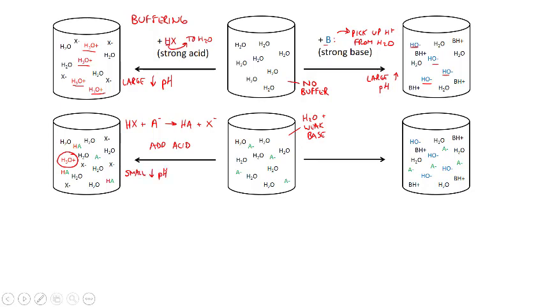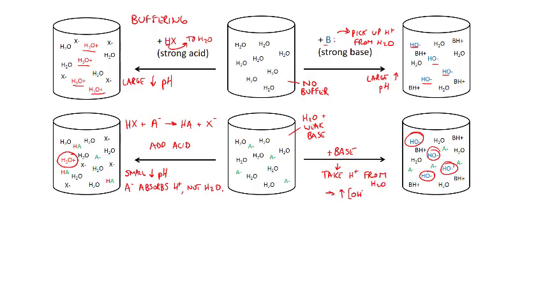Therefore, we get a small decrease in pH, because the A minus absorbs the protons, not water. However, if we were to add a base to this solution, we would not get the same effect. All of our base molecules will take a proton from water, and therefore we have an increase in our OH minus concentration, and we have a large change in pH.